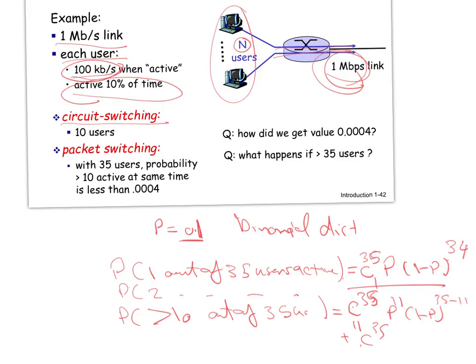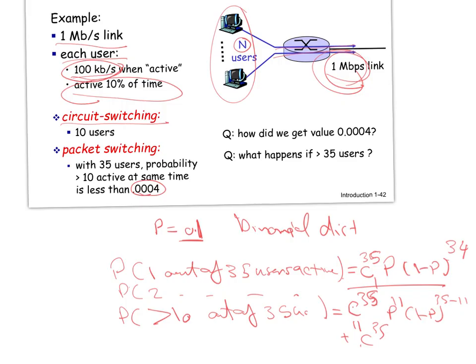And you have to do this from 11 all the way to 35. Okay? If you calculate this, you will find a shocking result. The probability that more than 10 of these users are active concurrently is this: 0.0004.